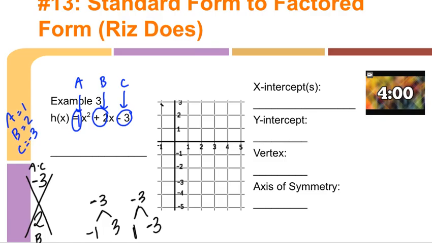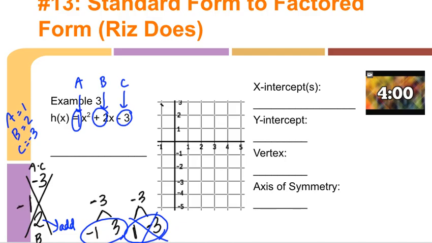Okay? So if I need to add to positive 2, that means my bigger number needs to be positive. Out of these two, my bigger number is 3, and here it's negative, so the case that I want right here is negative 1 and positive 3.